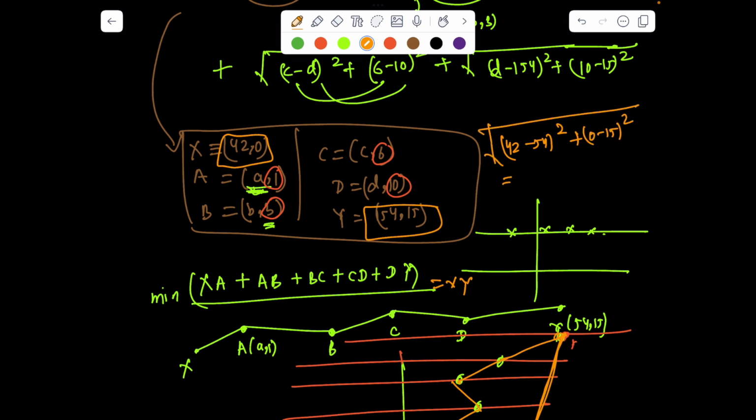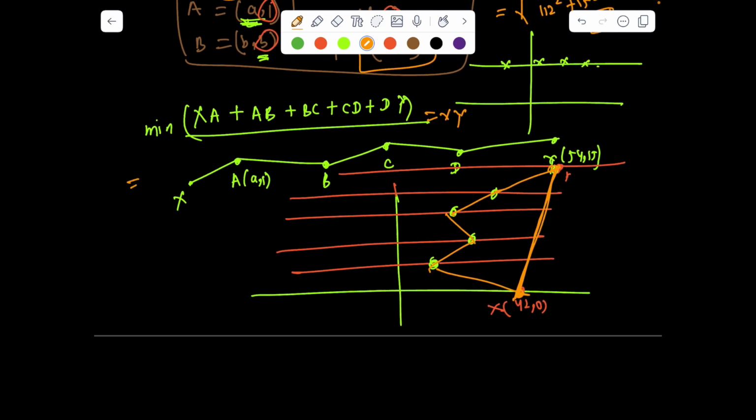And that distance is going to be just 112 whole square plus 15 whole square. This is 112 square plus 15 square. It comes to a perfect square of 113. And hence the answer for this beautiful problem is 113.